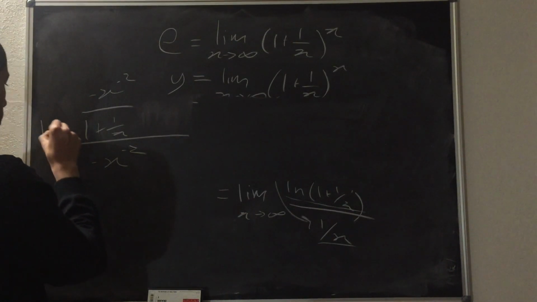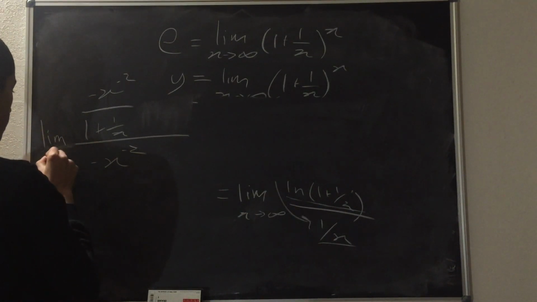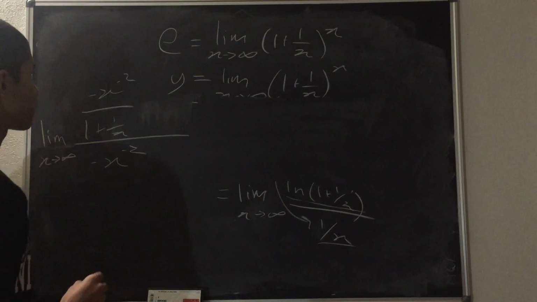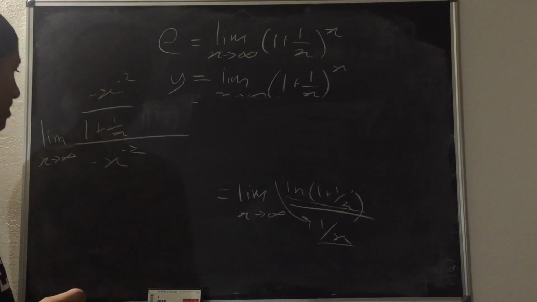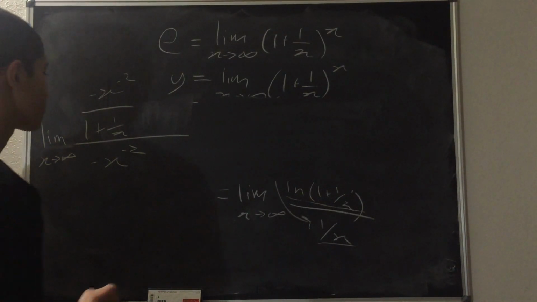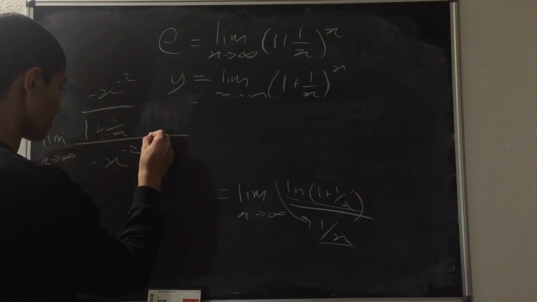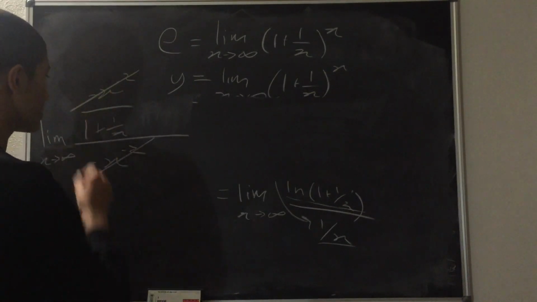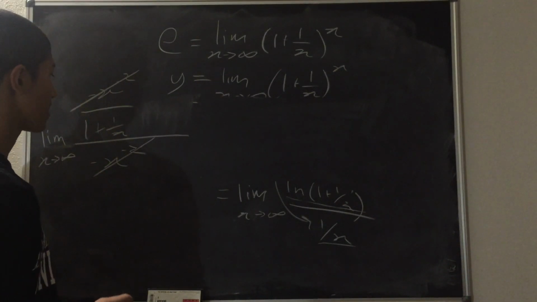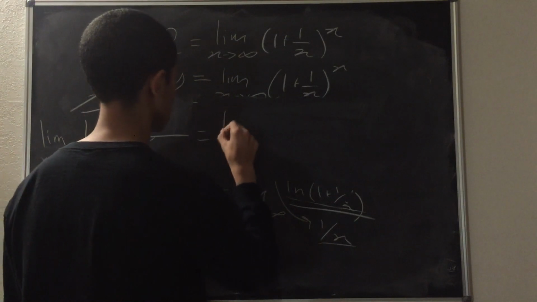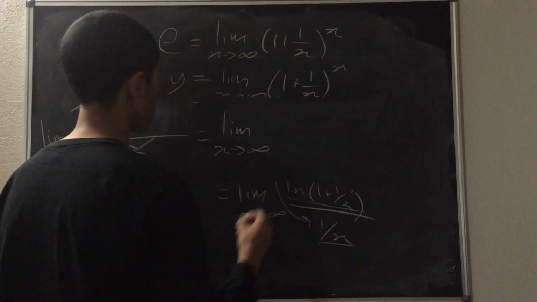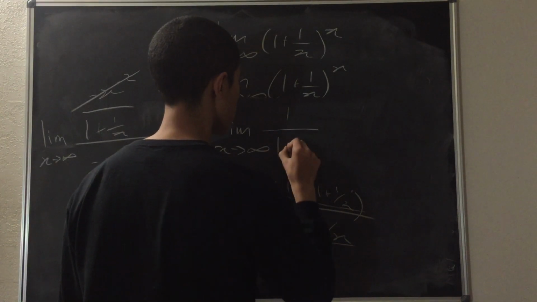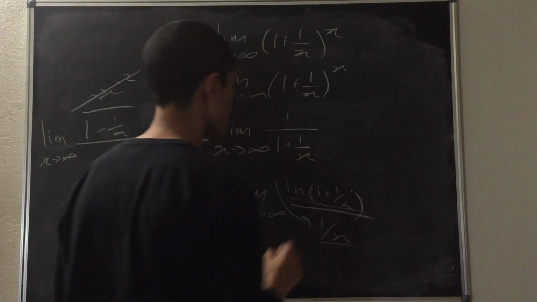So it's limit x tending to infinity of negative x to the negative 2 divided by (1 plus 1 by x), divided by negative x to the negative 2. And if you know your maths properly, you can divide these two off, and then what do you get? You get the limit x tending to infinity of 1 divided by (1 plus 1 by x).